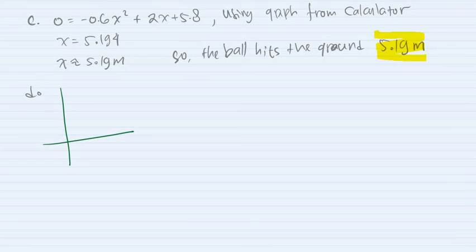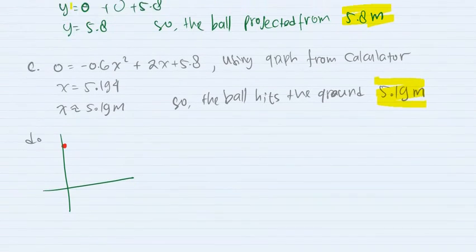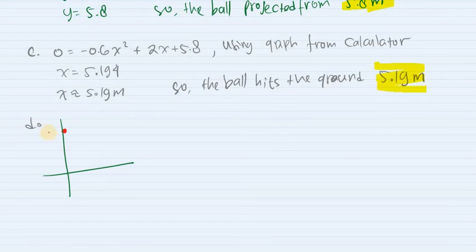Okay, so the ball starts from here, which is what's the height? 5.8. We start from 5.8, and then it hits the ground here. This one is 5.19. Now we have to calculate the distance between these two.